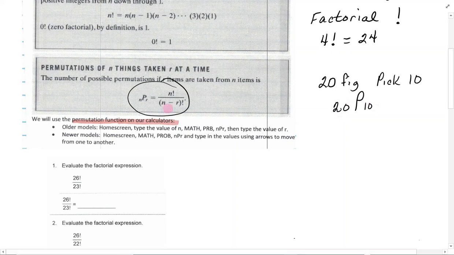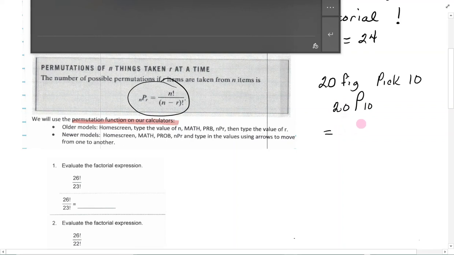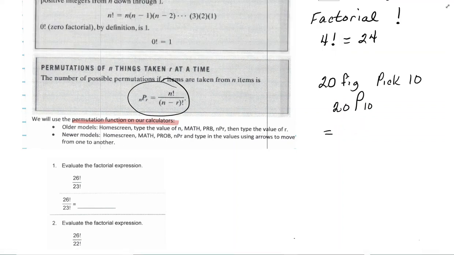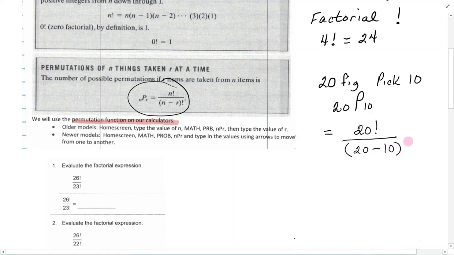There is a formula for this, and the formula says you take the total number, which is the bigger number, so we take the bigger number and do 20 factorial over, open parentheses, 20 again, minus the smaller number, the number you were picking, 10, and do that factorial.